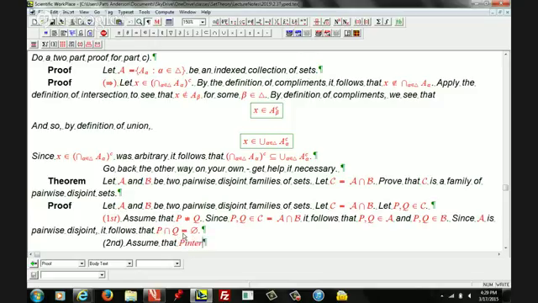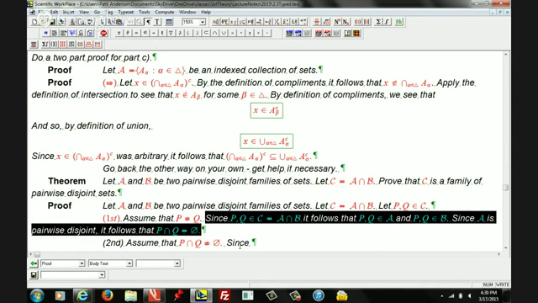P intersected with Q is equal to the empty set. Sorry, is not equal to the empty set. We negate this one. So you negate one of them and show that it has to be the other one. So I'm assuming P intersected with Q is not equal to the empty set. What does that tell me? I need all of this right here, and then we'll just make that one change.